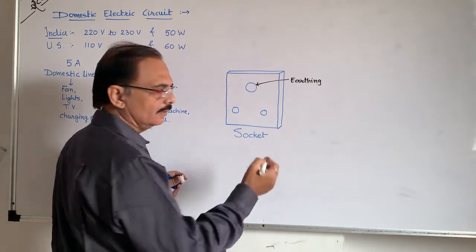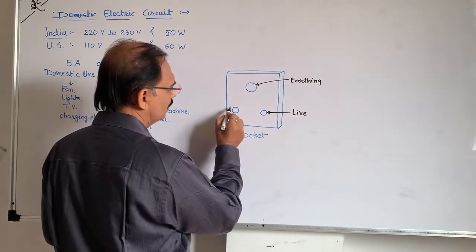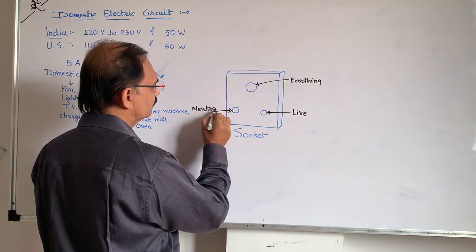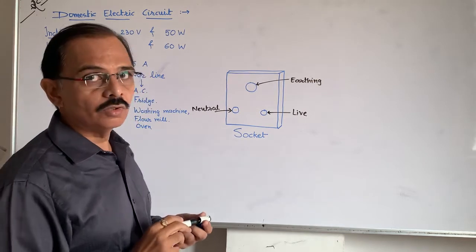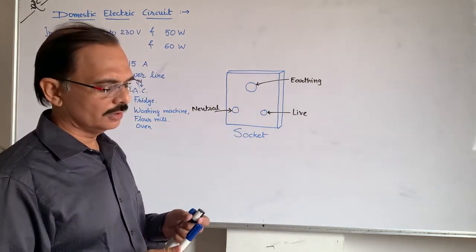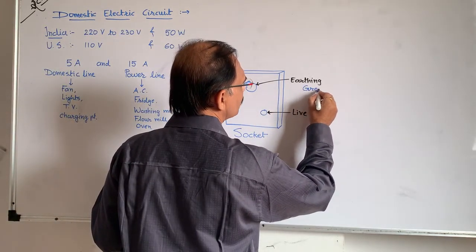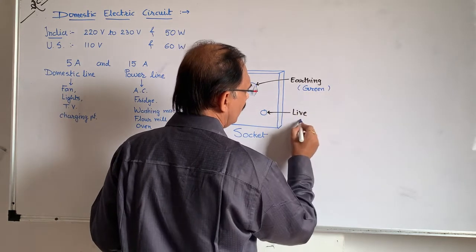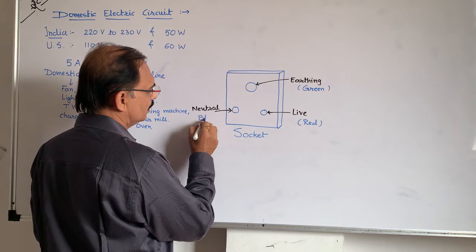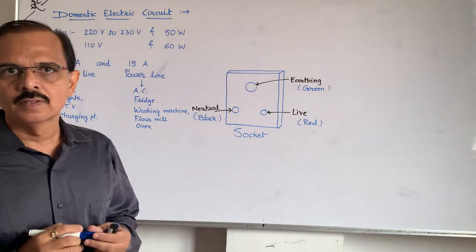Your right side is called the live terminal. The left side is called the neutral terminal. The color code of the wire used in earthing, live and neutral: in earthing, green wire is used. For live, red wire is used, whereas for neutral, black wire is used.